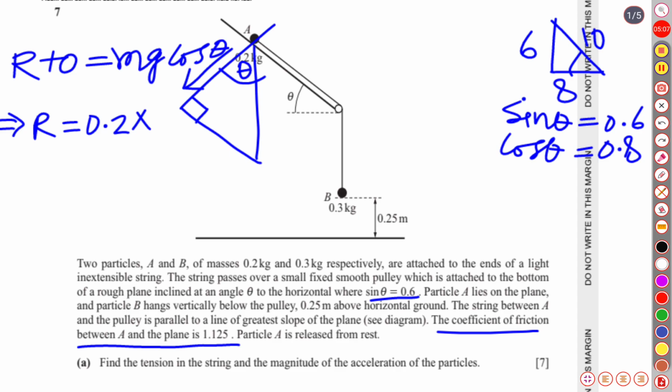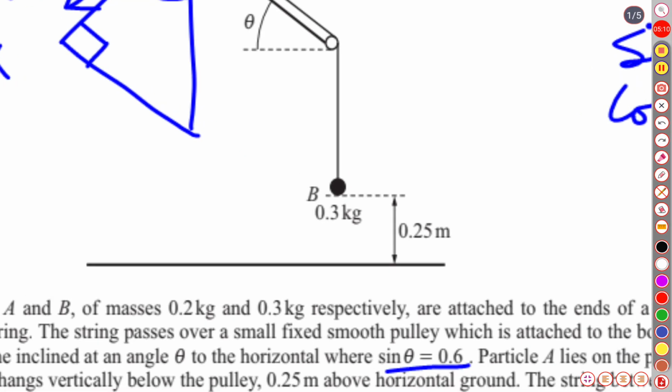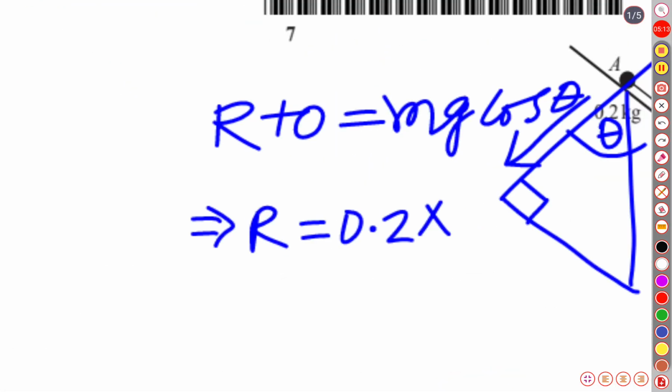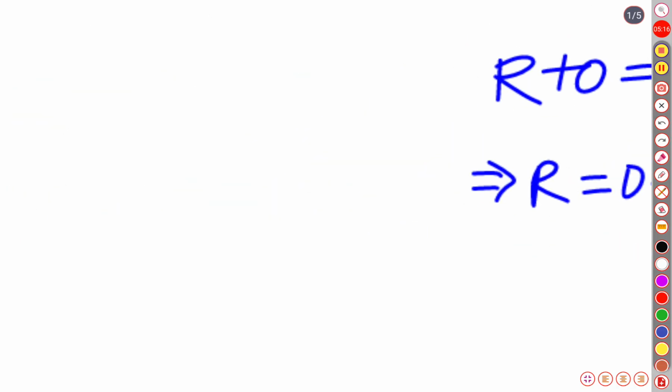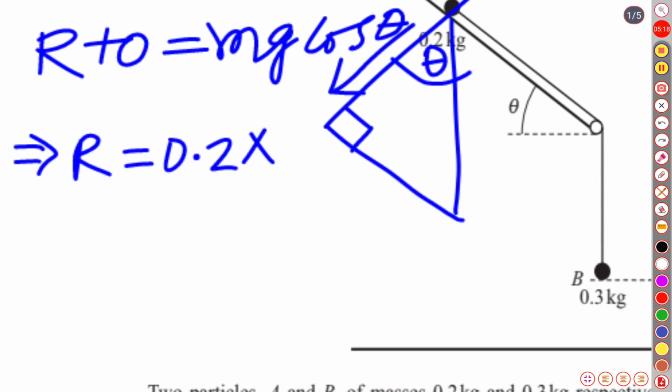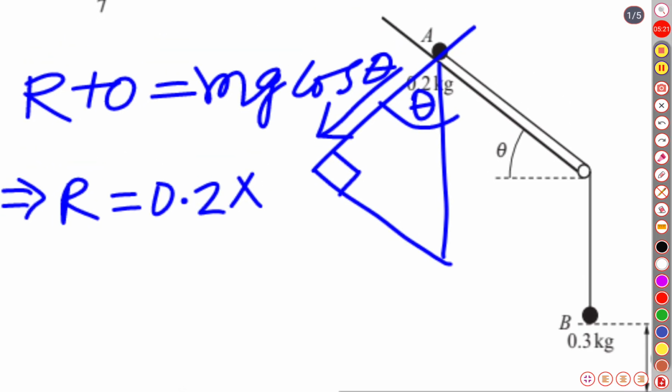Let me zoom it out. So R is equal to 0.2, and acceleration due to gravity is 10, 0.2 into 10, and our cos theta we have already found, it is 0.8.